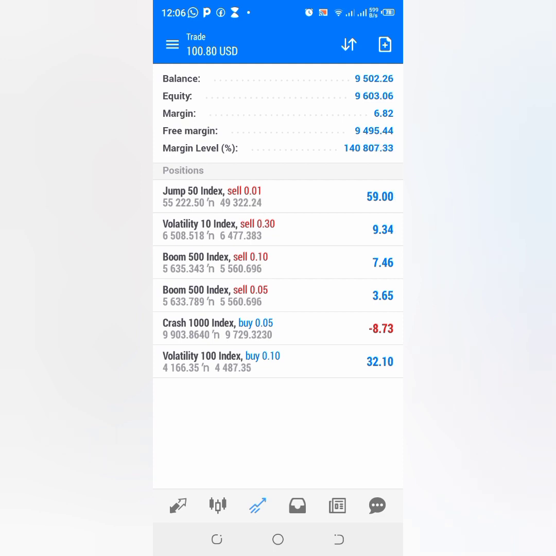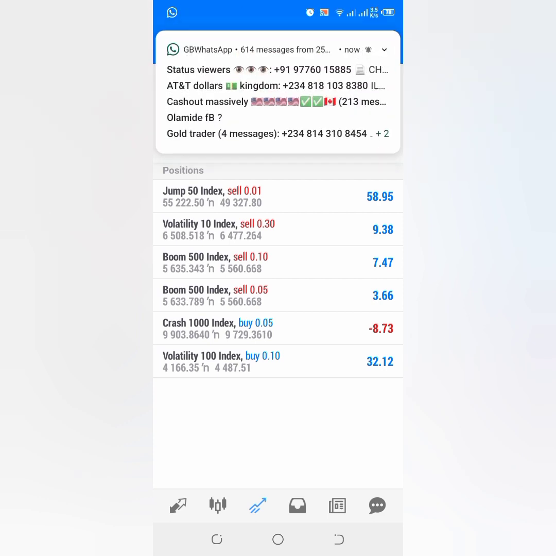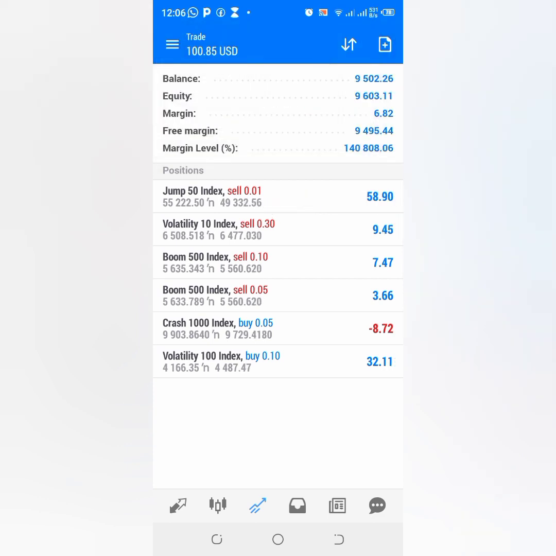That's what I did for this Jump Index. Mostly that's what I did. Immediately I put the trade and I notice this market is likely to go further, then I'll book the profit and just leave it. If it hits my stop loss, I'm still good. If it hits my TP, I'm still good because I already booked a profit.